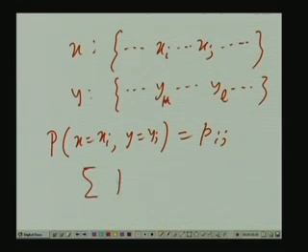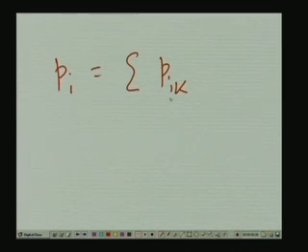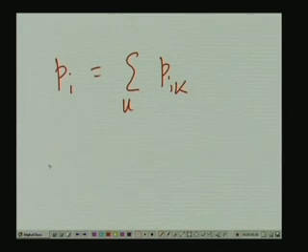Obviously, the double summation over i and j should be equal to 1. And Pi is obviously Pik summed over all possible k's.